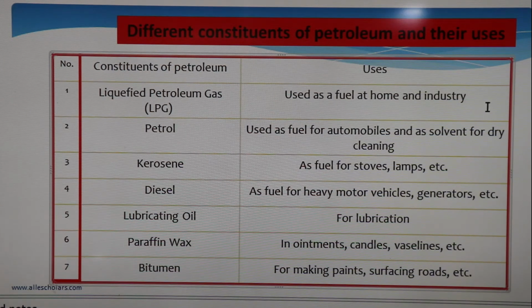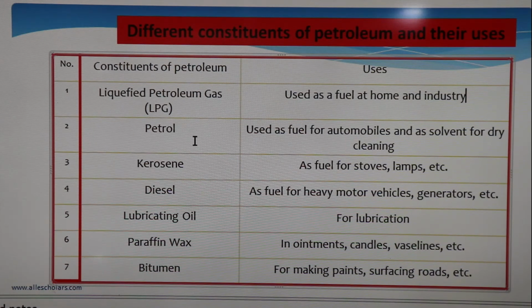And nowadays this LPG gas is also used in some of the vehicles. You must have seen that some vehicles nowadays run on LPG gas, and for warming water, gas geysers have also come nowadays. So nowadays LPG gas is used in different fields.